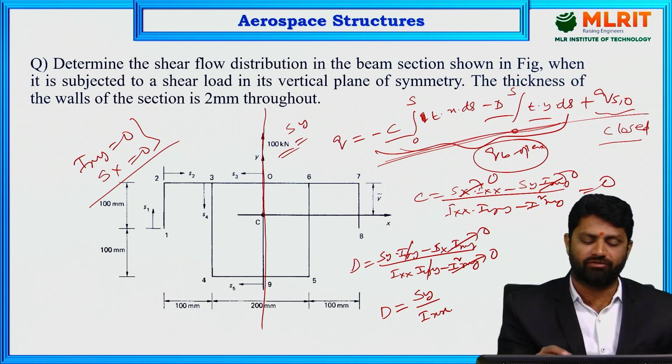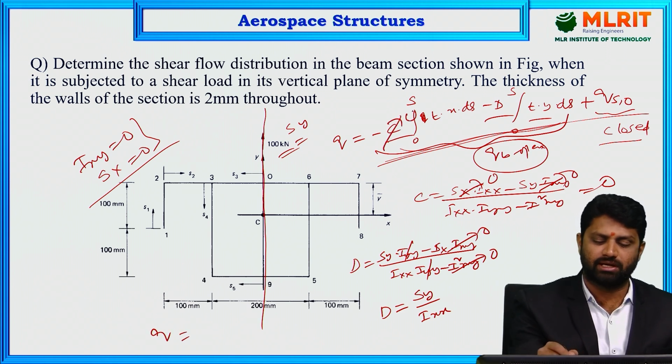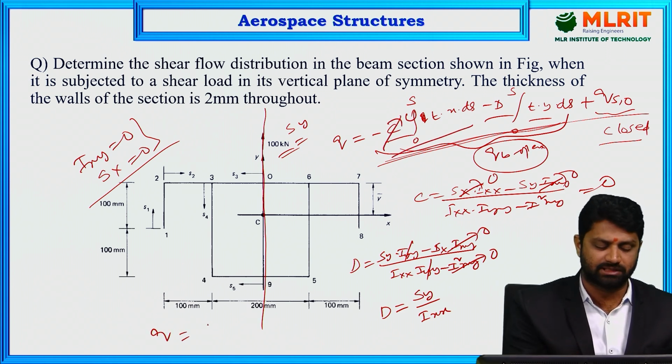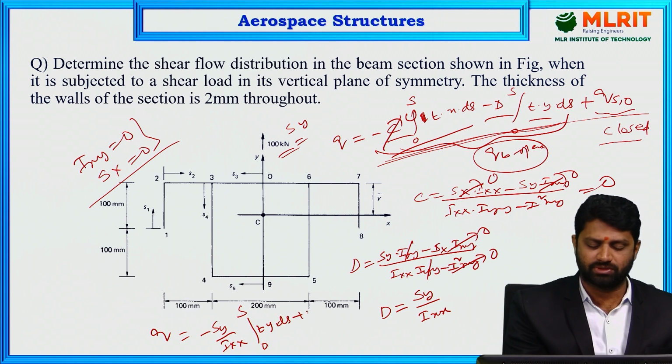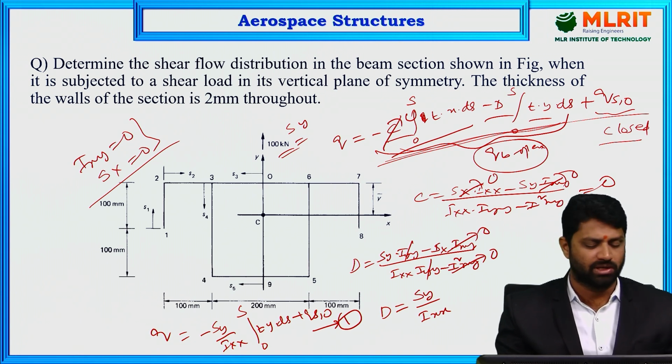So the formula for shear flow reduces directly to q equals C, which is 0, so this term is 0, and D is minus Sy by Ixx into the integral from 0 to s of t y ds, plus Qs0. Okay, so this is the first equation you can consider for calculating the shear flow distribution for either open or closed section beam.